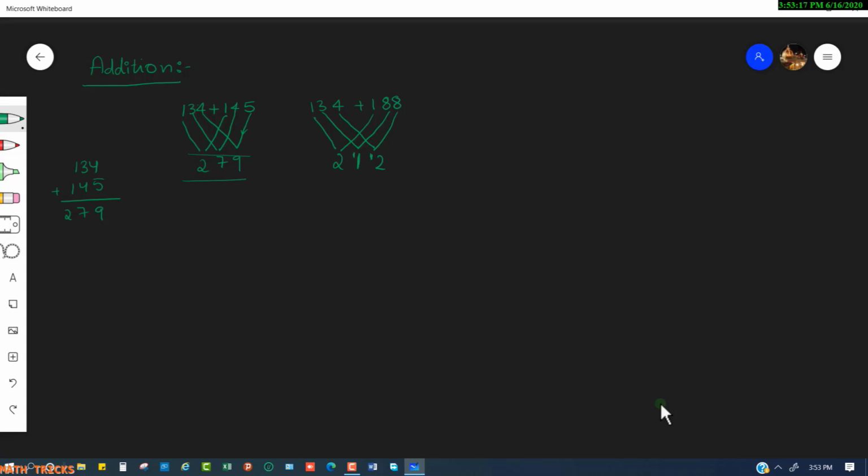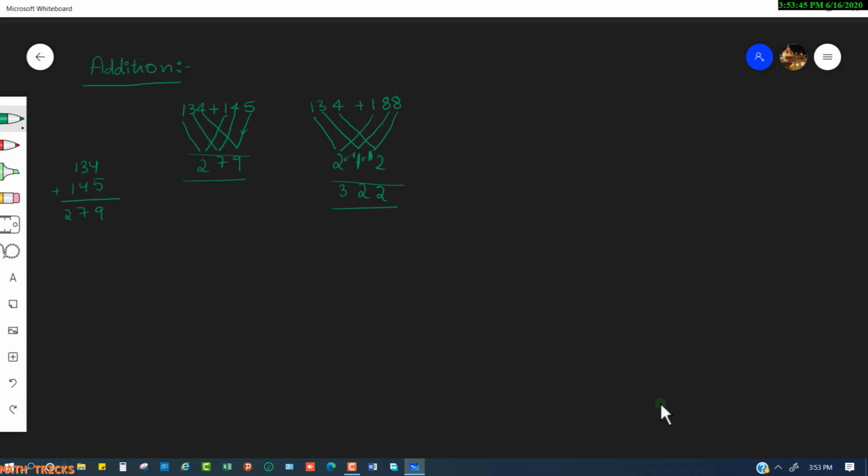Whenever you write like this, the small number on the left is going to be the carry forward. This one will be added to this. So 1 plus 1 is 2, and this will be added to this 2, and it will give 322. So this is the way you can add these numbers, and you can add any number in a similar fashion.